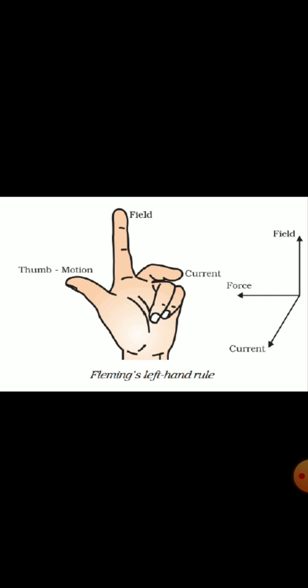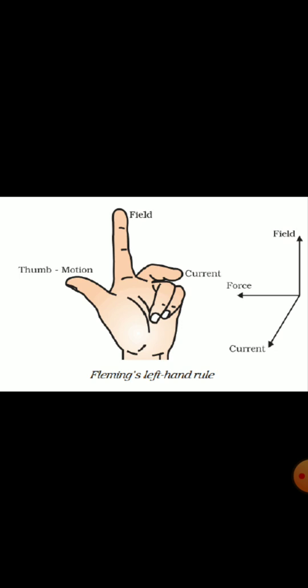When there is force, then only the rod will displace. That will be in motion, right? So this way we consider the forefinger represents the magnetic field, the middle finger represents the direction of current, then the thumb will represent the force or motion.